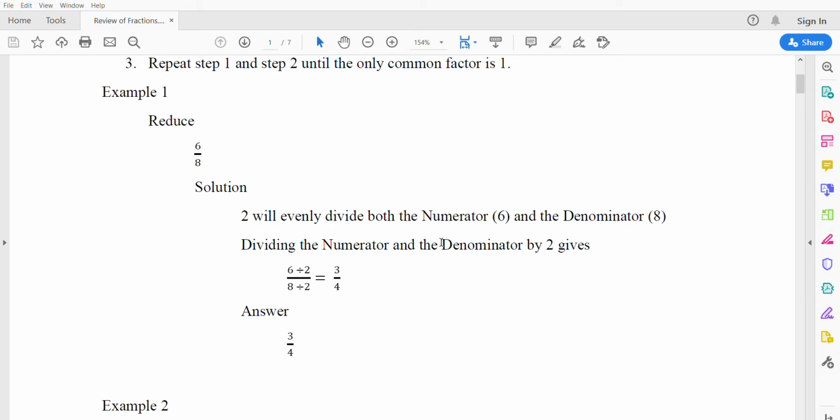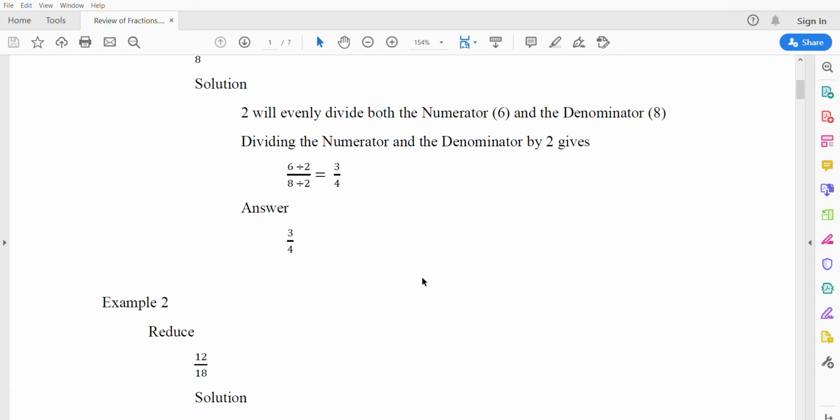So dividing the numerator and the denominator by 2, 6 divided by 2 gives me a 3, and 8 divided by 2 gives me a 4. So now I'm looking at 3 over 4, and if I try to find a number that divides 3 and 4 evenly, the only number that works there is a 1. So the answer here is going to be 3/4. So we have reduced this 6 over 8 to lowest form.